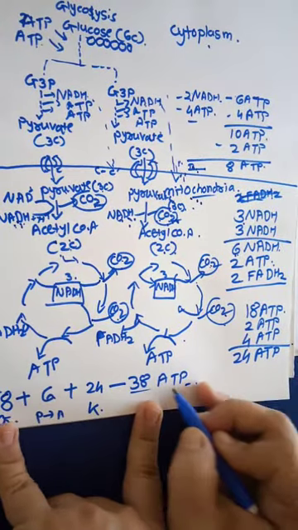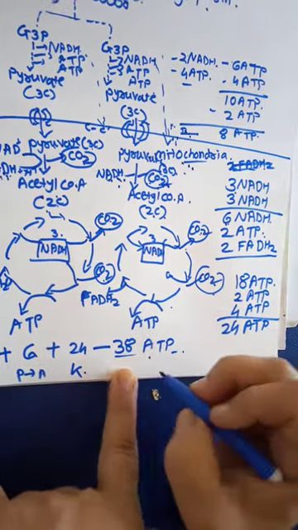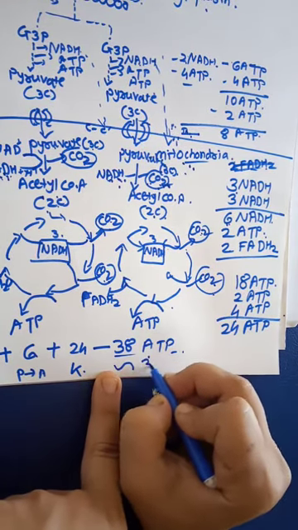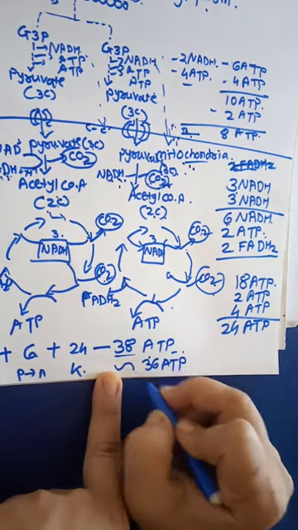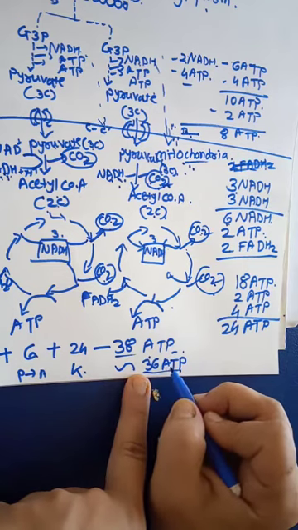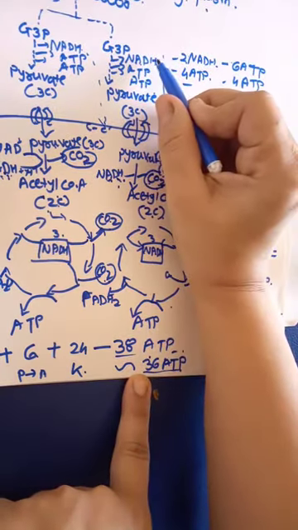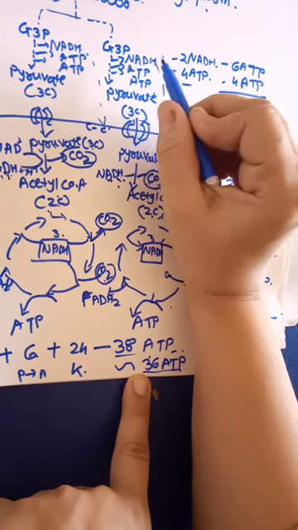So theoretically, we know that 38 ATP molecules will be produced, but actually it is not 38, it is approximately around 36 ATP molecules. In some books you will find that 36 ATP or 34 ATP is written. That is also right, because some sort of energy will be utilized while transporting this NADH.